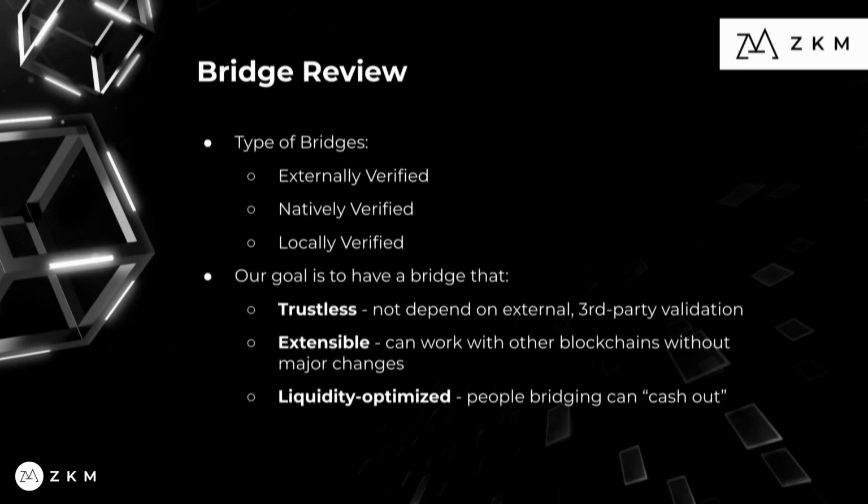Extensible: it can work with any other blockchain without needing a ton of change or implementation. And finally, liquidity optimized: we can actually use the network because we're not depending on a lot of people putting in a lot of money before it's actually being adopted.